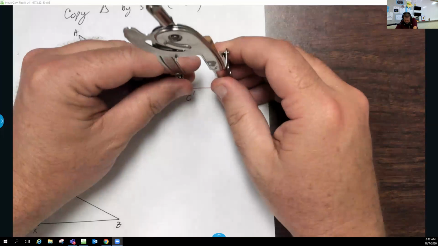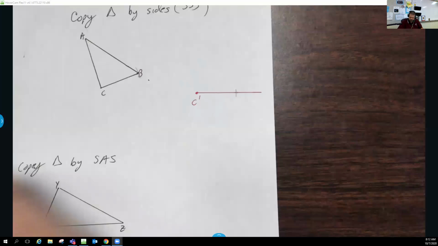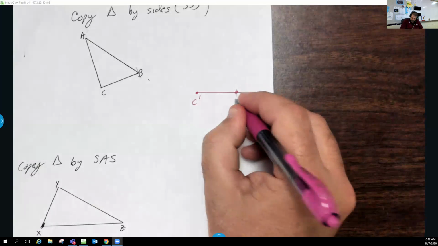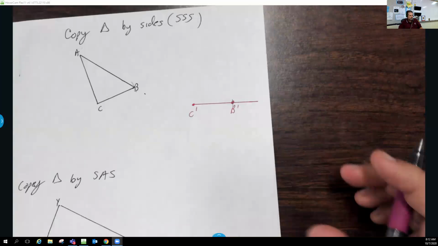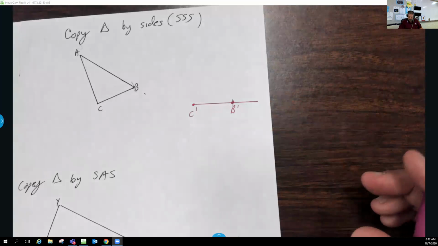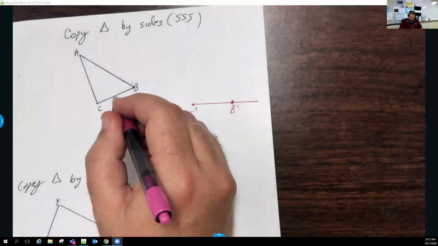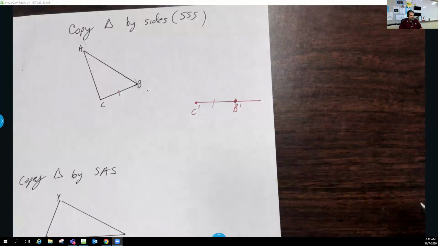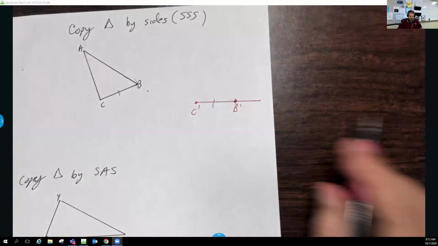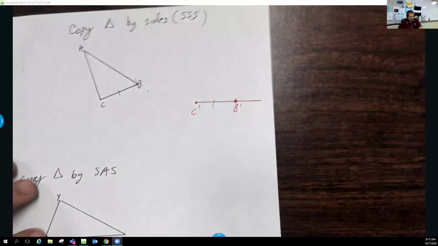Now, by doing it by sides, this side's going to be congruent to that side. We already know that. Now I need to find AC and AB.